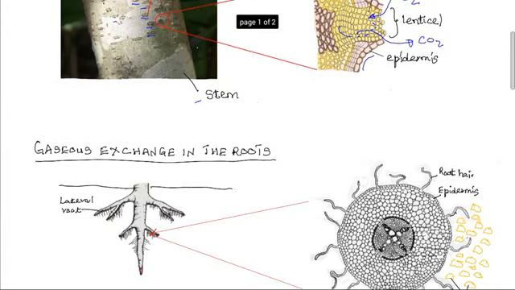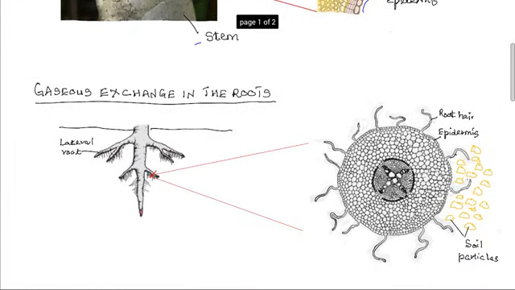Now, gas exchange in the roots. In the roots of terrestrial plants, the plants that grow in soils that have air, gas exchange occurs across the epidermis of the roots.